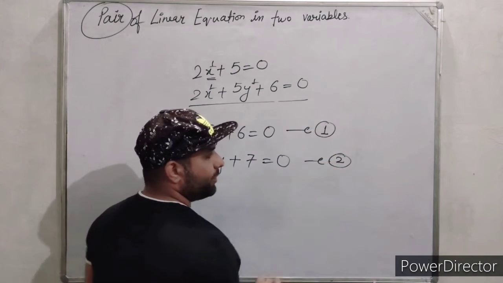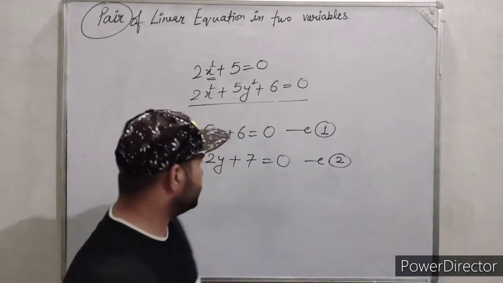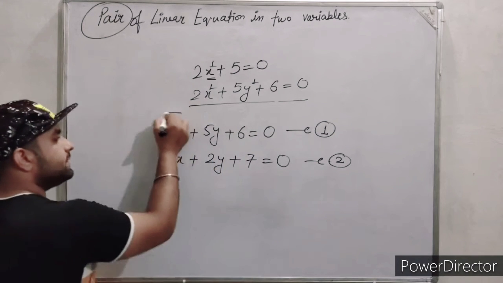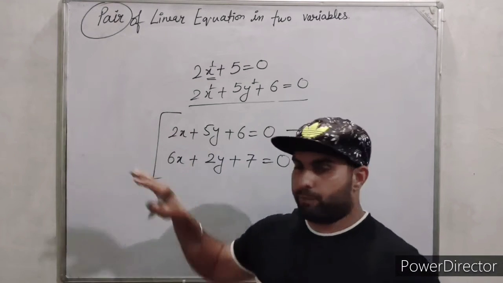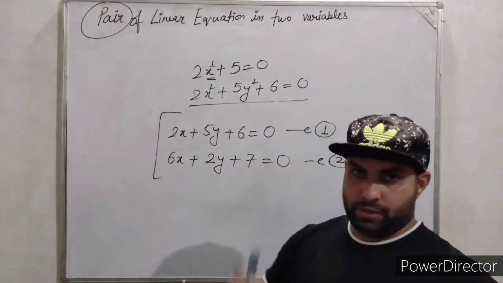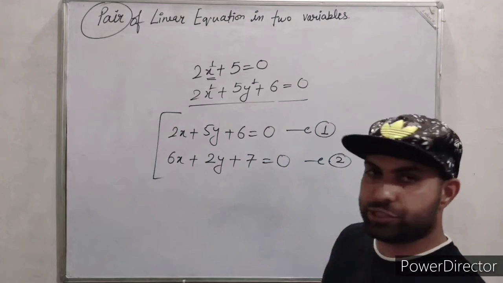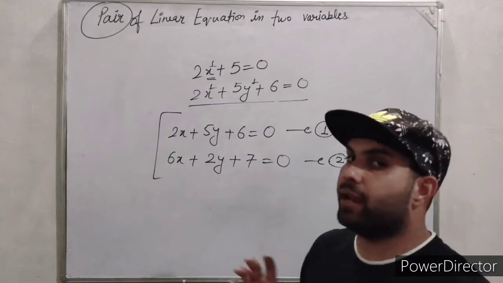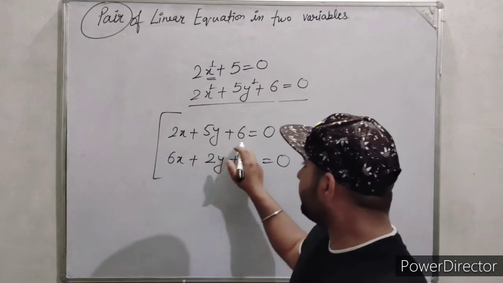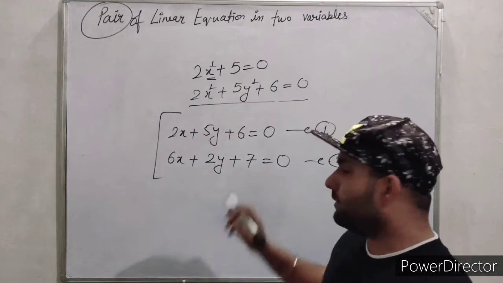So this is known as the pair of linear equations in two variables. Here variables are 2, x and y.